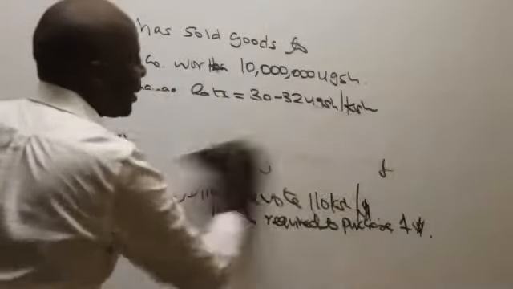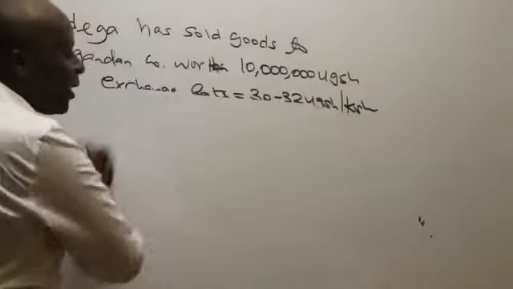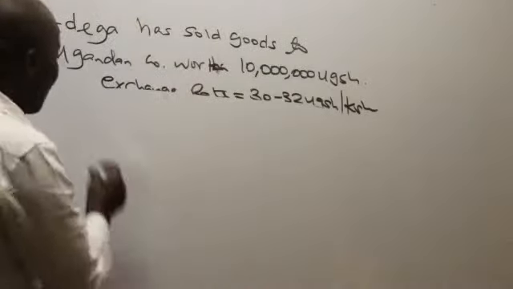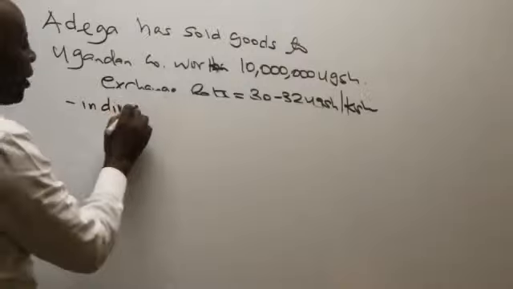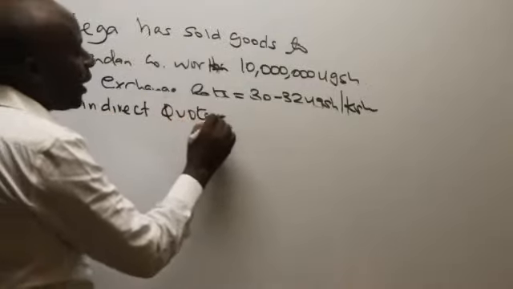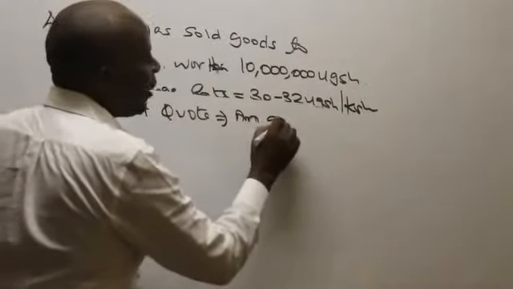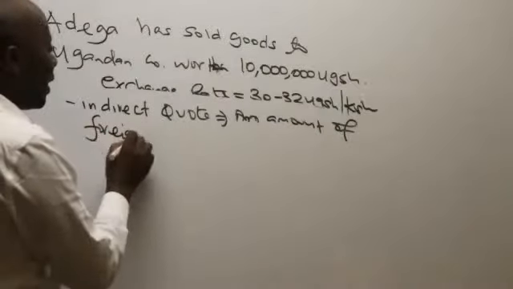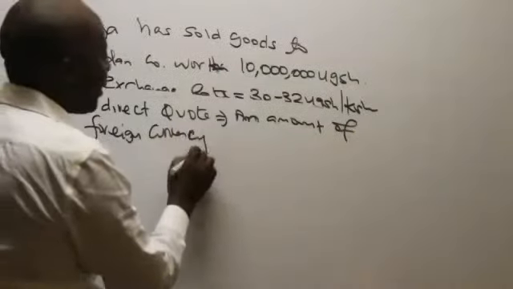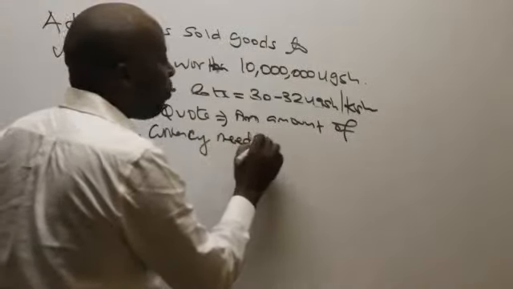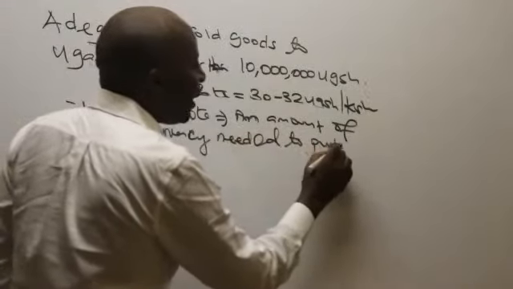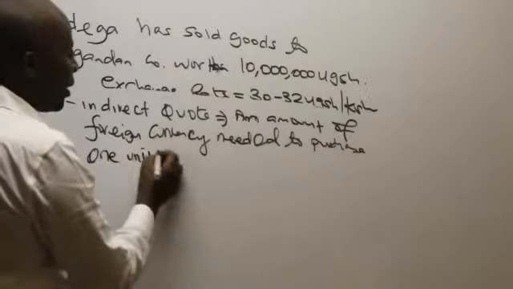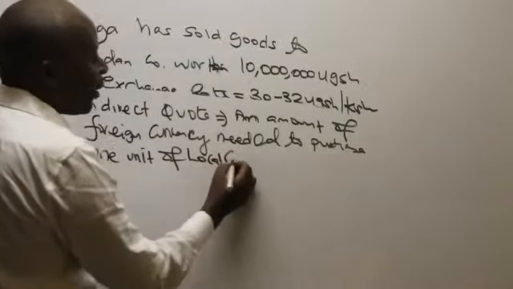So these are the dashes, ladies and gentlemen, that we're talking about here. It is quite important. It is basically looking at indirect quotations. So under indirect quote, an amount of foreign currency needed to purchase 1 unit of local currency is provided.